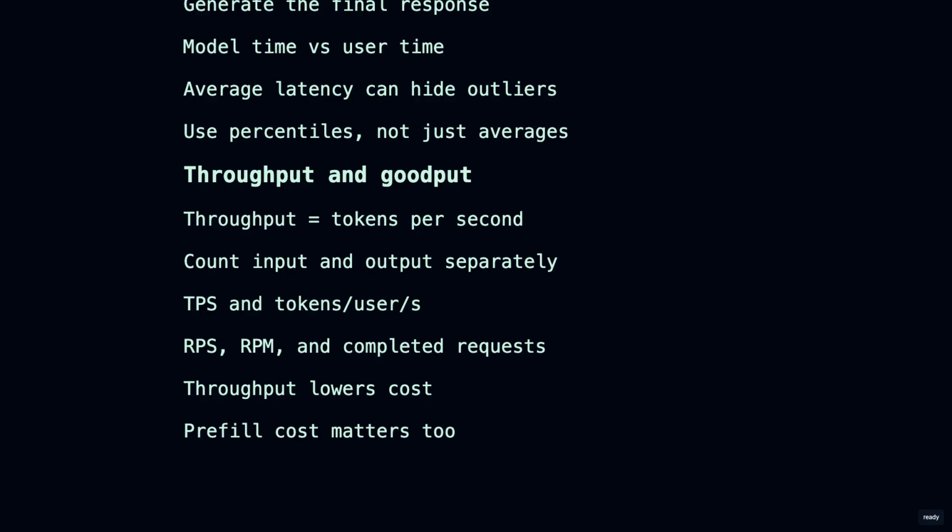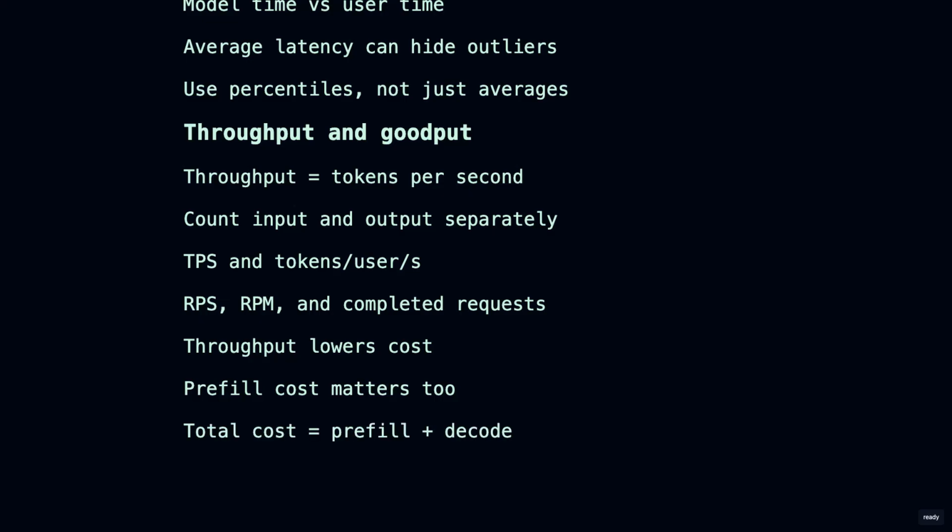Long prompts can make this part significant. The total request cost is just the sum of those two pieces. Once you separate them, you can see where the real spending is coming from.